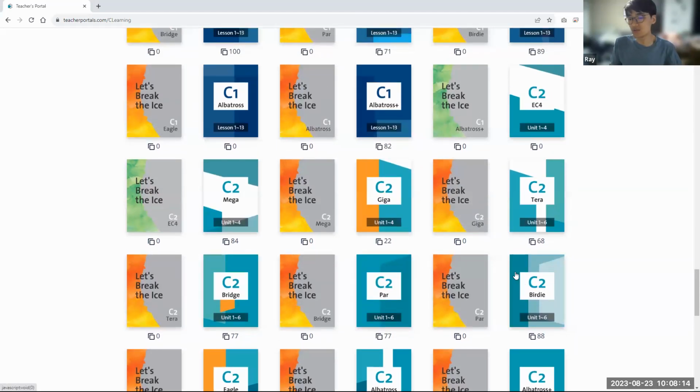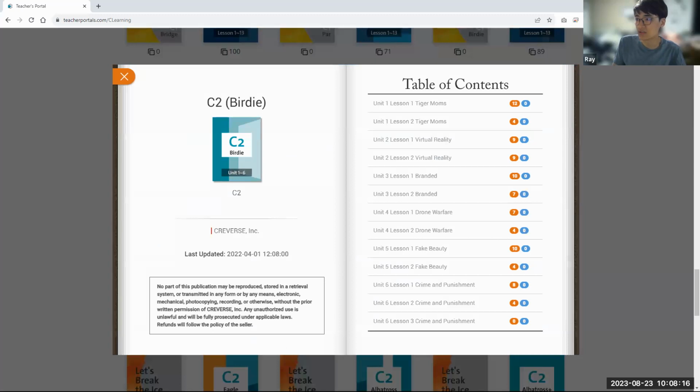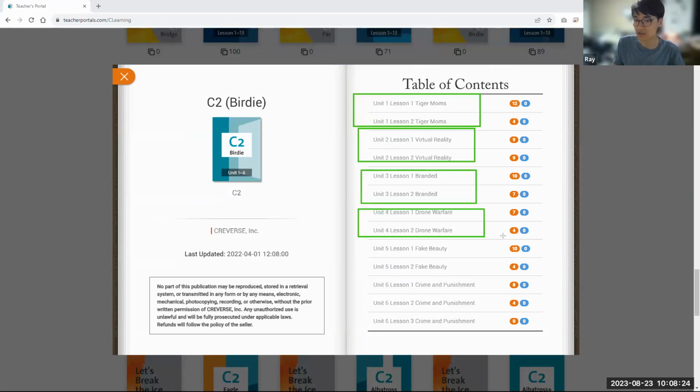But with C2 mid, if you haven't taken a look already, you do the same unit twice, or the same topic twice. One unit is now the same topic over 2 different weeks. The first week is a much more in-depth idea of that topic.